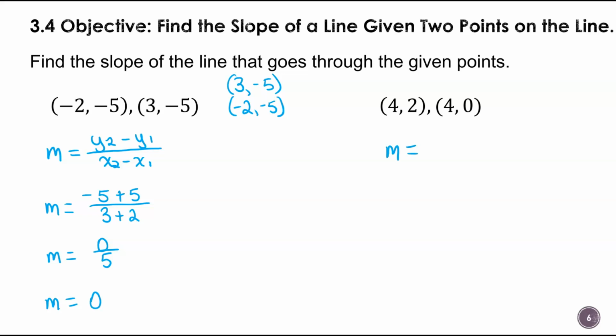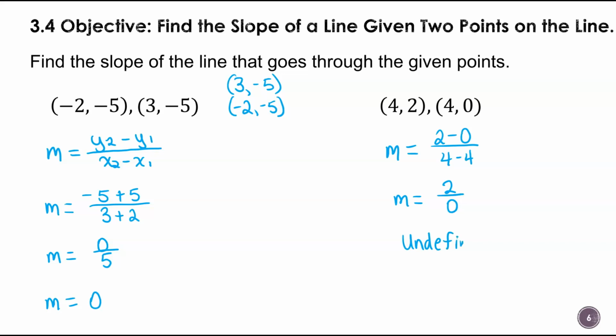So we're going to take, let's do it from the other way. Let's do 2 minus 0. And then 4 minus 4, so my x's are the same. This causes me to get a 0 in my denominator. So what happens when we divide by 0? Well, we can't, right? We can't divide by 0. And so in this case, it's going to be undefined.